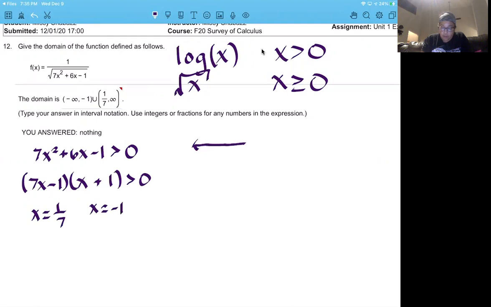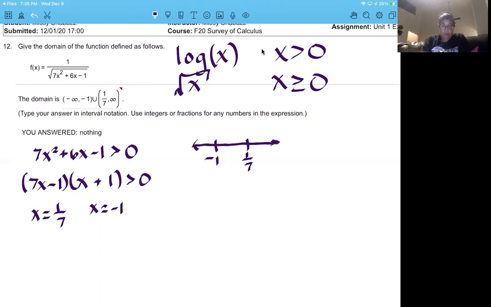I'm going to put those on a number line and see where they're negative and positive. If I plug in -2, that first product is going to be negative, and the second one is also going to be negative.